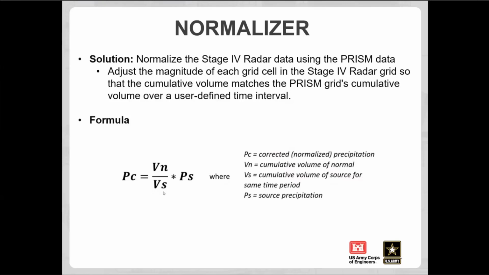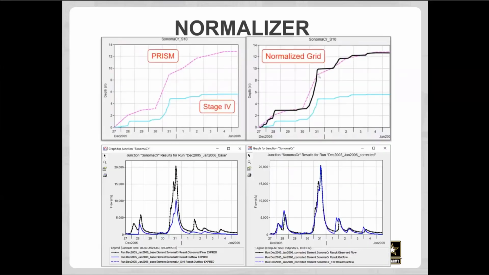Let us take a look at the effects of the normalized data set visually. Here, you can see 4 graphs. The top 2 graphs represent a visualization of the 3 data sets, with pink representing the daily PRISM data set, the light blue representing the Stage 4 data set, and the black line representing the normalized data set.